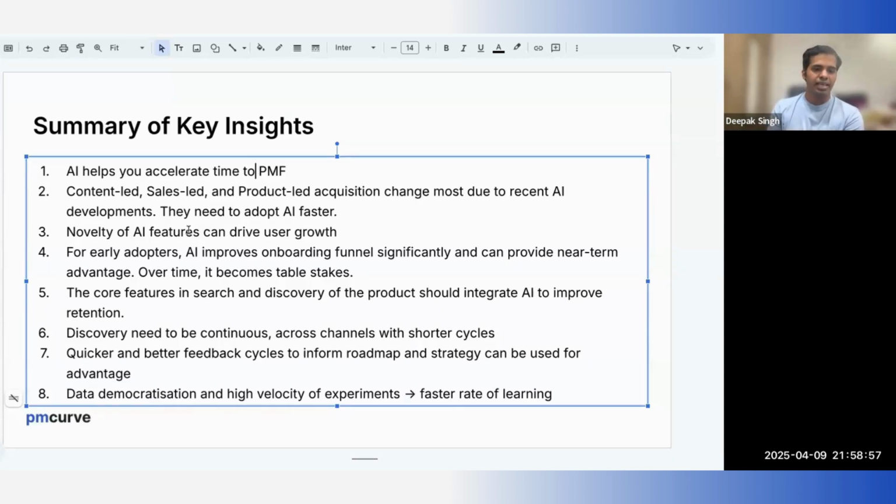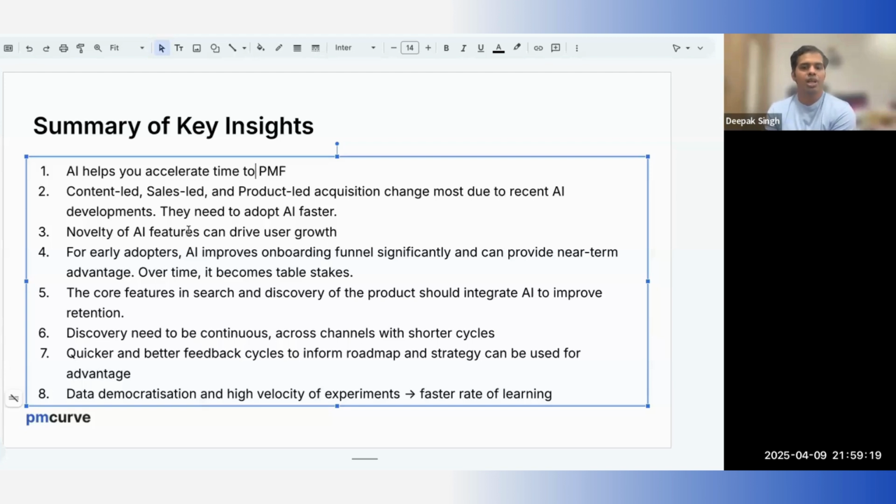Right. Then the core features of the product, including search and discovery, can benefit a lot if you reassess every feature in your platform on how AI changes that particular feature. Right. Discovery needs to be continuous and across channels with shorter cycles. Quick and better feedback cycles can inform your roadmap and strategy if you build workflows around it.